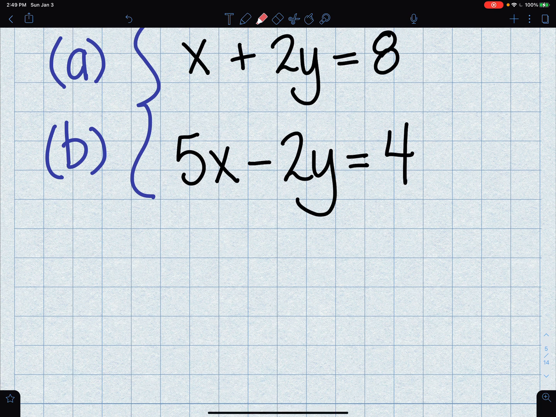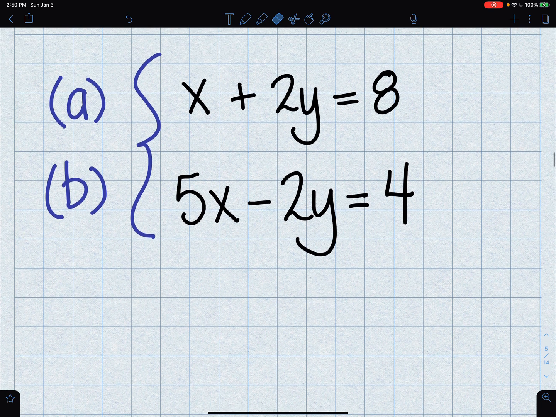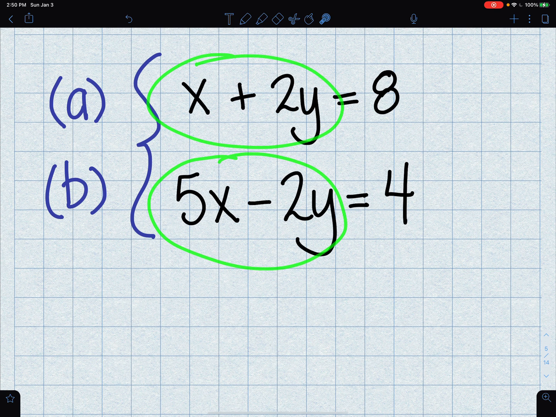What if you add 5x minus 2y to the left-hand side of this equation, and then add 5x minus 2y to the right-hand side of this equation? Can you do that? Turns out, heck yes you can. So that's what we're going to do. We're going to add 5x minus 2y to this side of the equation, and we're also going to add this to this side of the equation.